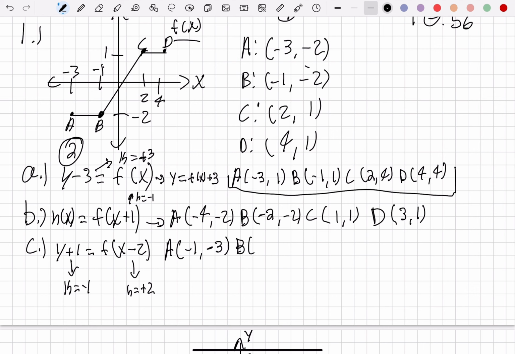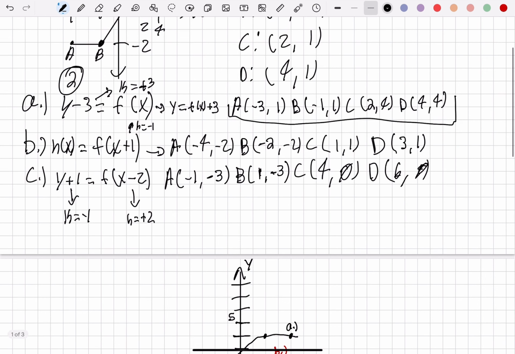Now B is going to become positive 1 and negative 3. Then C is going to become 4, because 2 plus 2 gives us 4, and then 1 minus 1 is 0. And then for our D value, we get 4 plus 2, so 6, and then 1 minus 1, so again, it's 0.